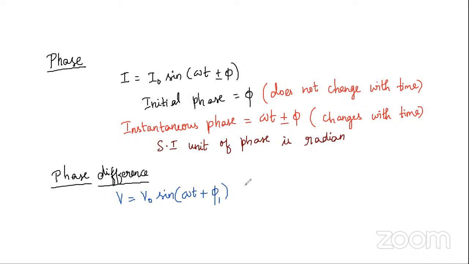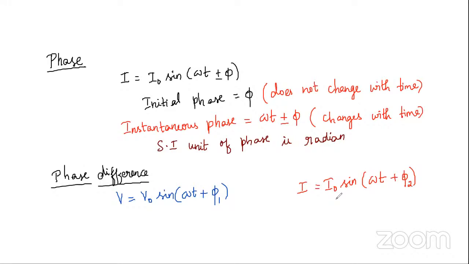Okay, V equal to V naught sine omega t plus phi 1. And for alternating current, I will be writing the expression I is equal to I naught sine within the bracket omega t plus phi 2. These are the two signals.